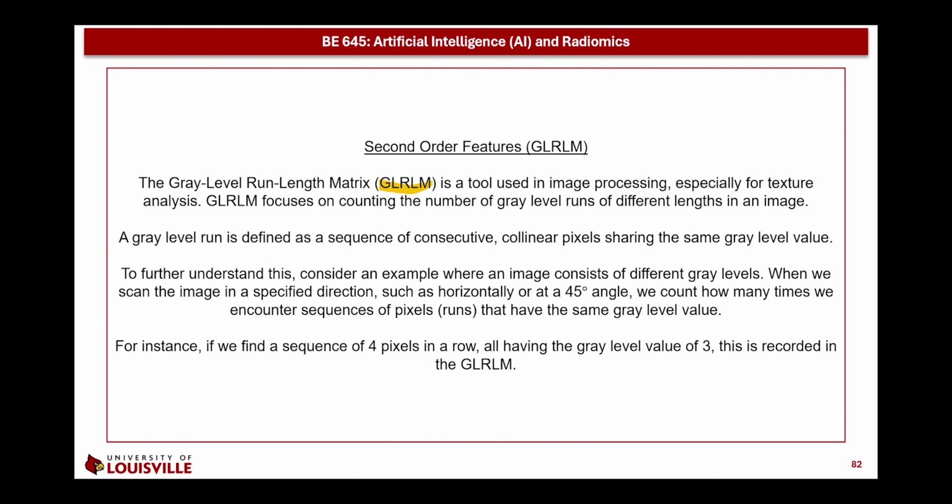For example, horizontally, we will try to find how many pixels with the gray level of 5 are cascaded together. If we find it to be 4 times, then the run here will be 4. Another example, if we find a sequence of 3 pixels in a row, all having the gray level value of 3, then the run will be 3, and this value will be recorded in the gray level run length matrix.